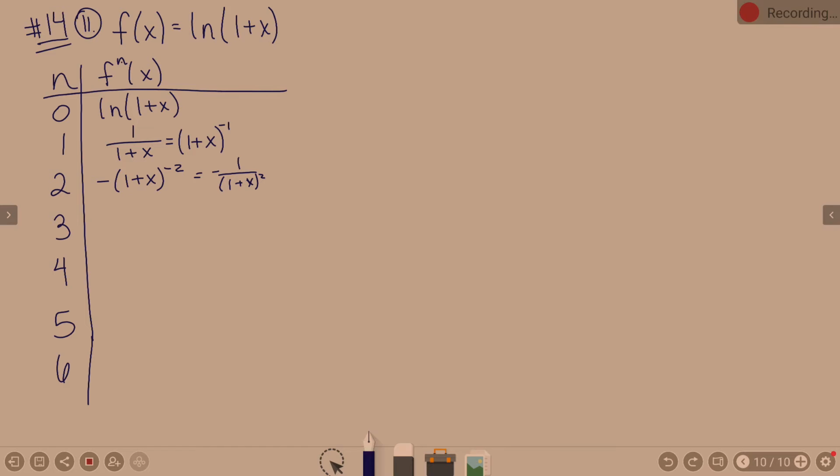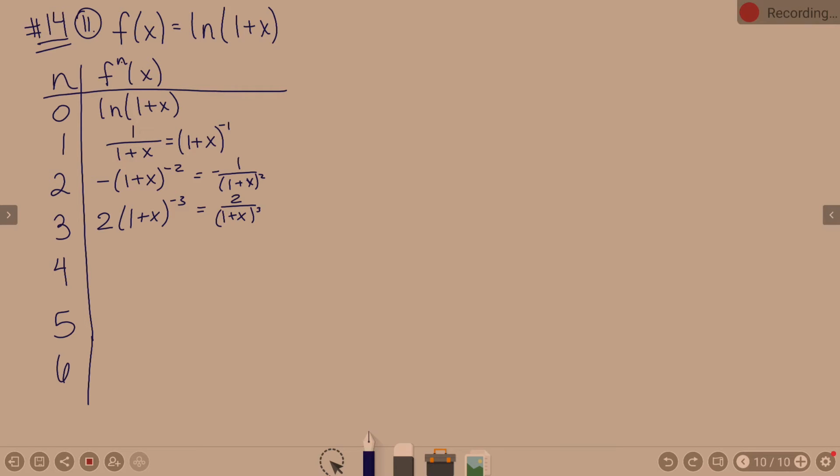Okay, what's my third derivative? Negative 2 times negative 1 is going to make it positive 2 out front times 1 plus x to the, subtract 1, and it's negative third. If I put this as a fraction, it's 2 over 1 plus x to the third.